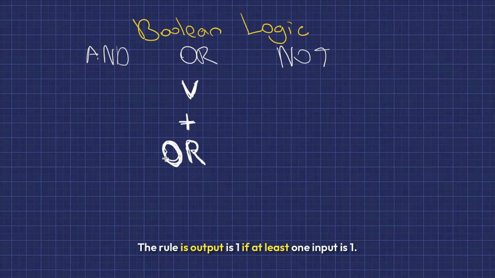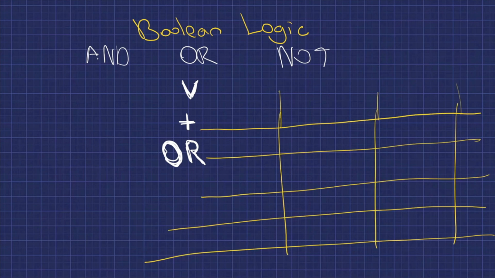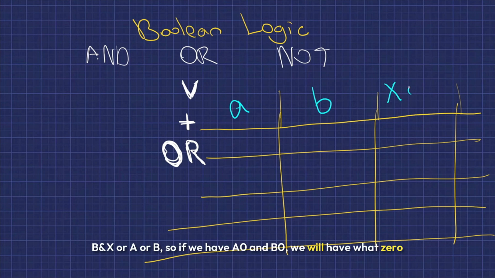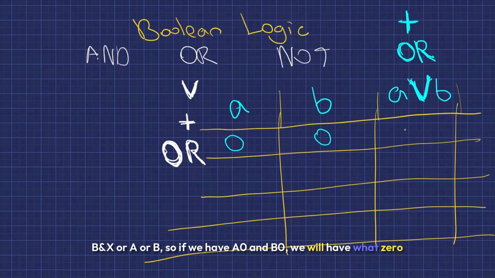The rule is output is 1 if at least one input is 1. For example, we have A, B, and X, or A or B. So if we have A0 and B0, we will have what? 0.